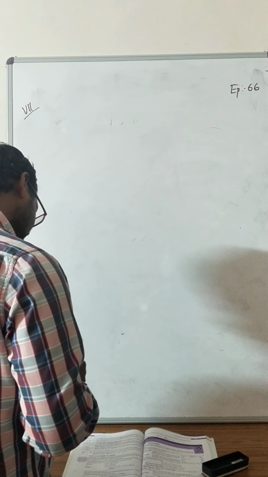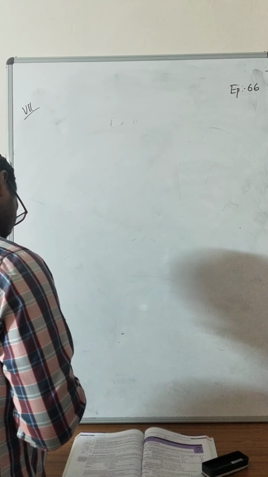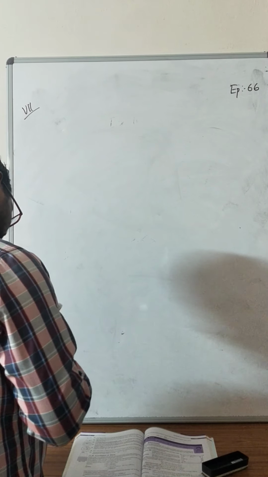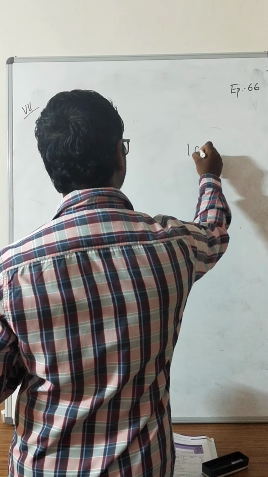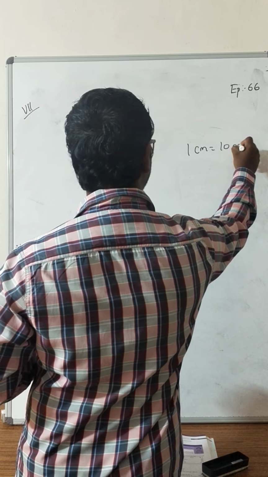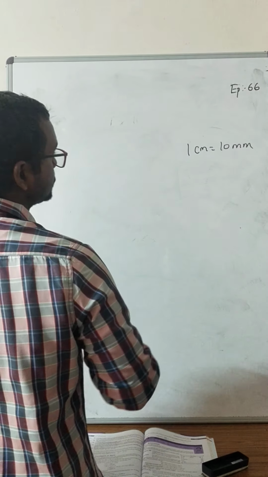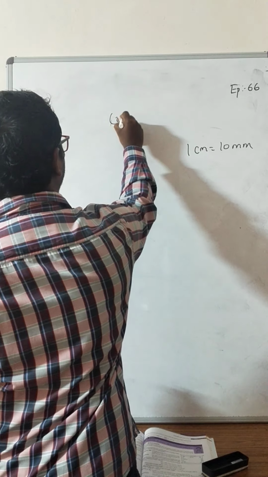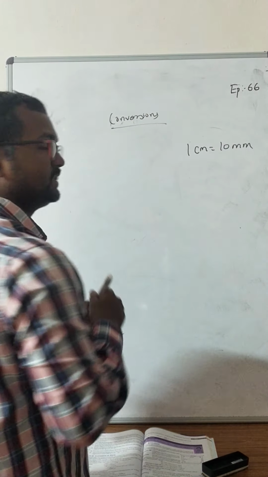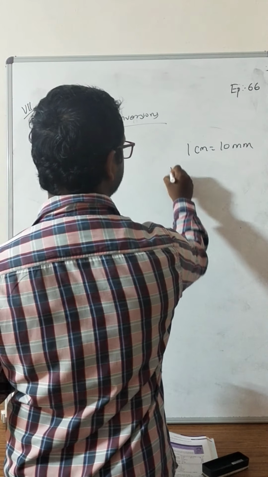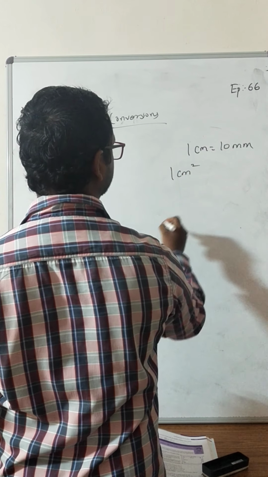So in conversion, 1 centimeter is 10 millimeter. So 1 centimeter square is how much?